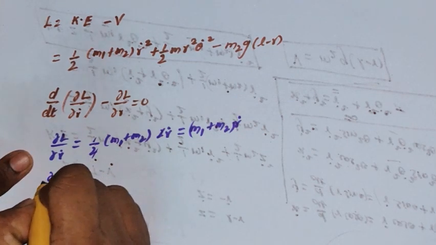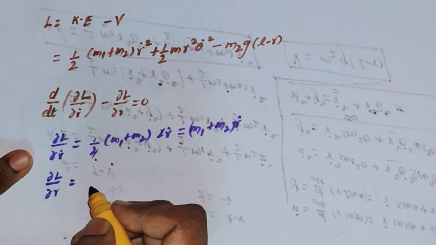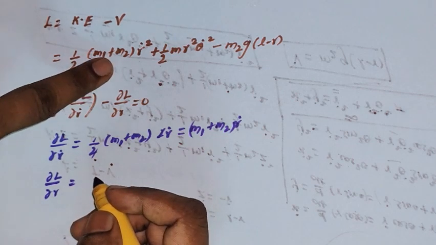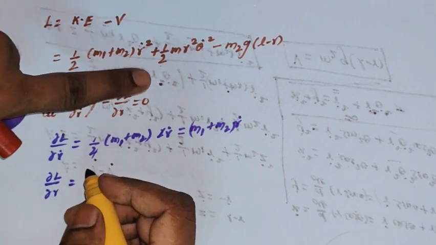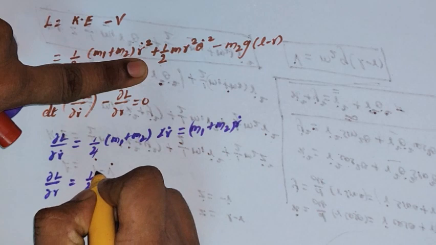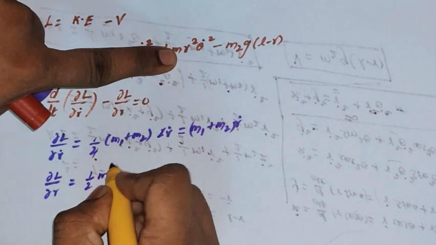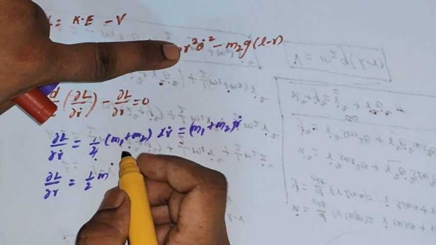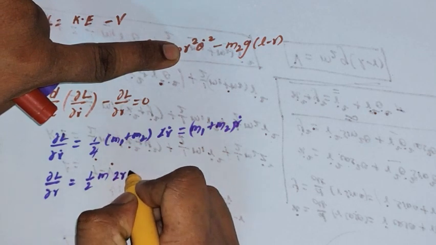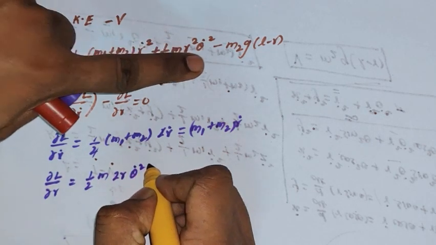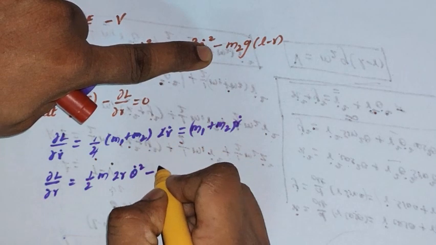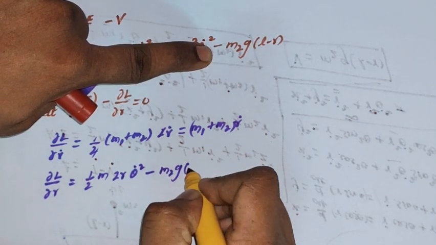Now we need to find dou L by dou r. In the first term there is no r, so 0. In the second term there is r, so taking the derivative of half m1 r square theta dot square gives 2r, so m1 r theta dot square. Here also there is r in the m2 g term.